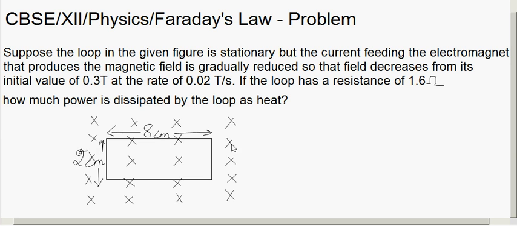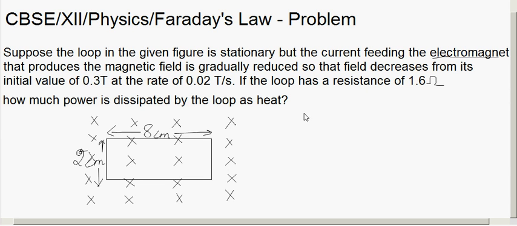This magnetic field is produced by an electromagnet. The electromagnet is a magnet which acts like a magnet only when there is a current flowing through the coil.